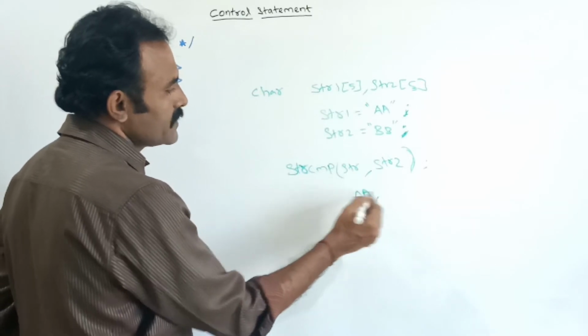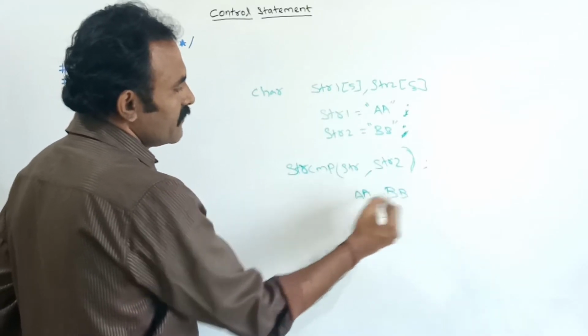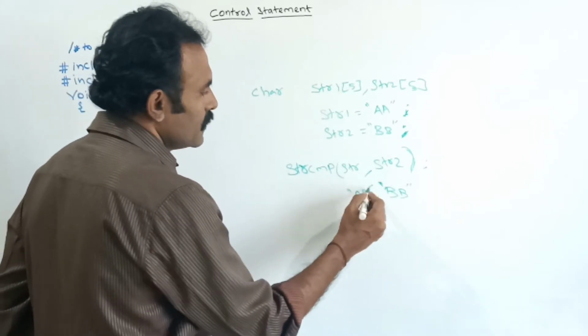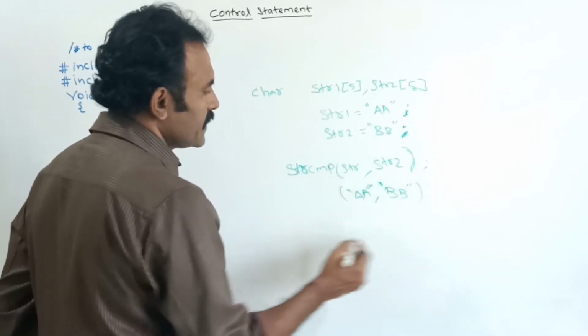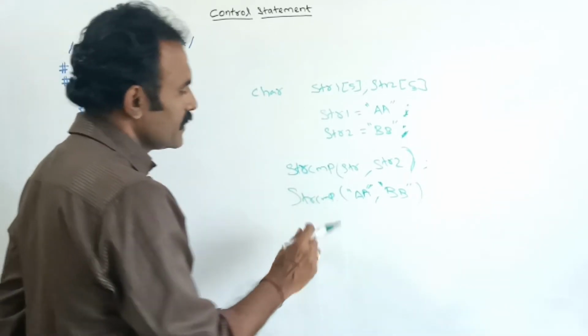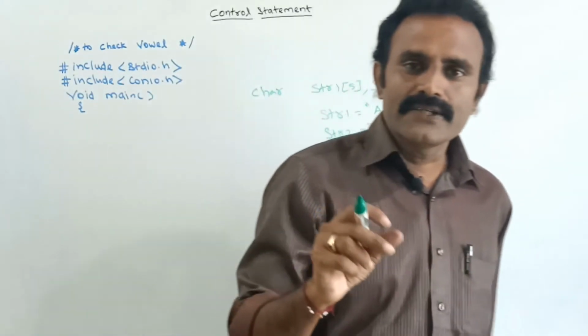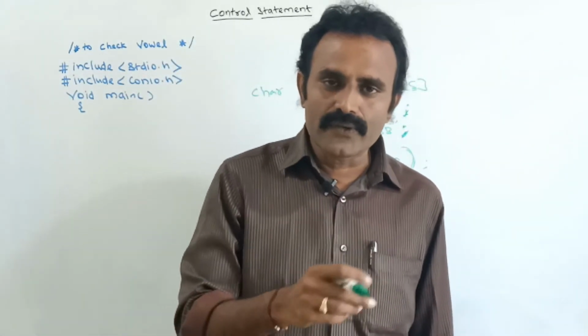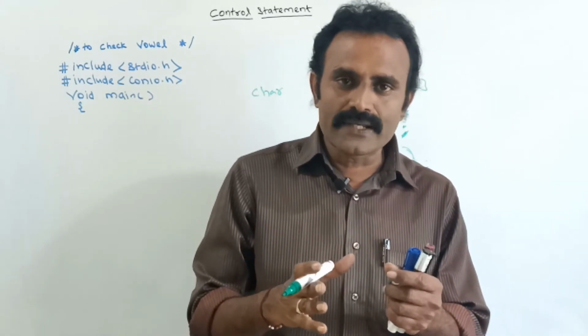I am comparing this AA with BB. Are these two strings equal? No, these are not equal. So how do you check? You check by using the ASCII values. Each and every alphabetic letter has an ASCII value. It will check by comparing the ASCII values only.